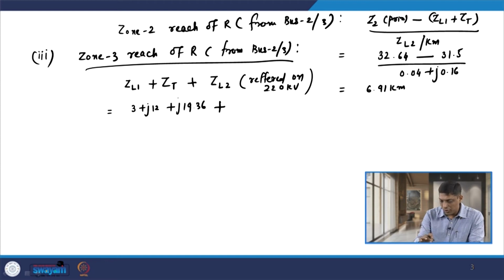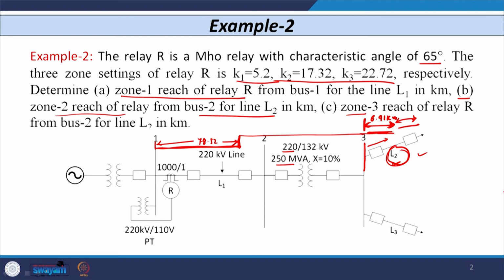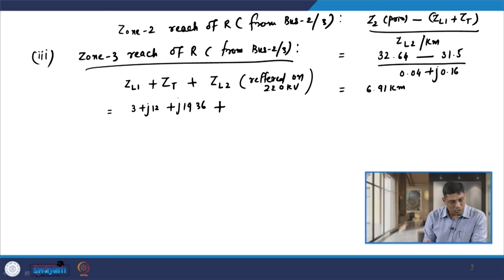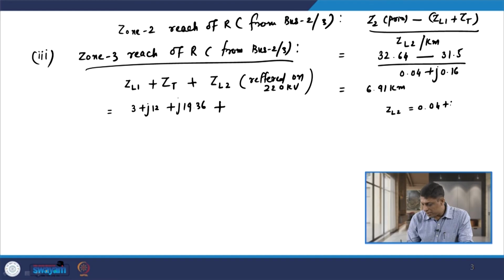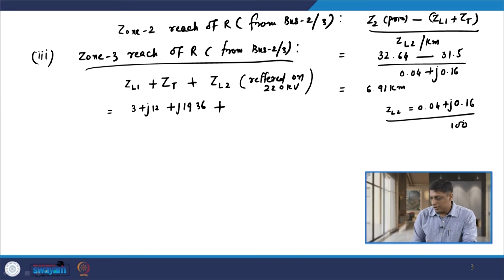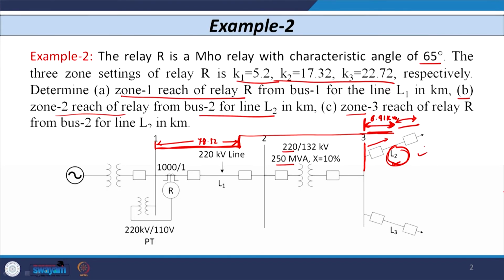If you look at the figure, the line impedance for L2 is given as 0.04 plus J0.16 and its line length is 100 kilometer.